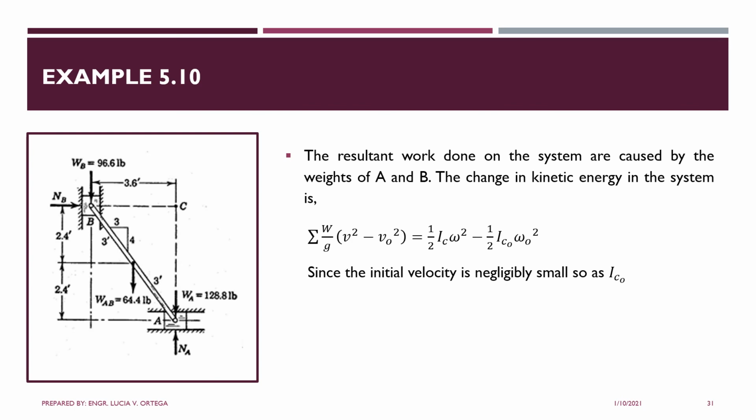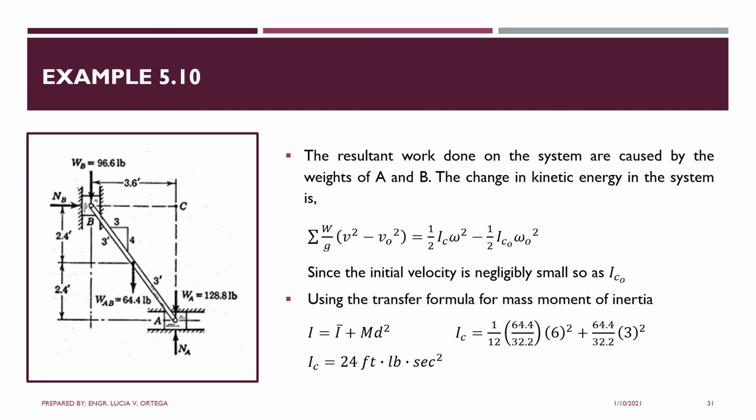The resultant work done on the system is caused by the weights of A and B. The change in kinetic energy in the system is the summation of W over g, v squared minus v sub o squared. This is translational, this is rotational. Since the initial velocity is negligible, so is the initial kinetic energy.